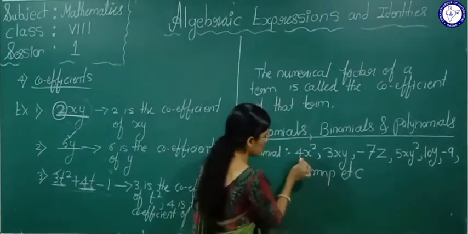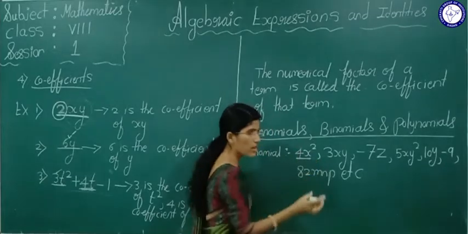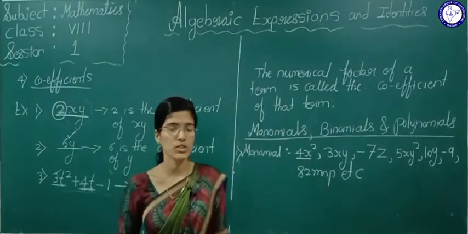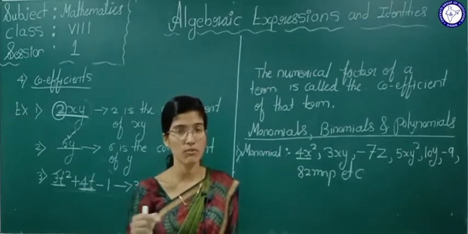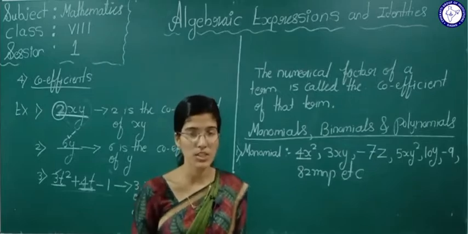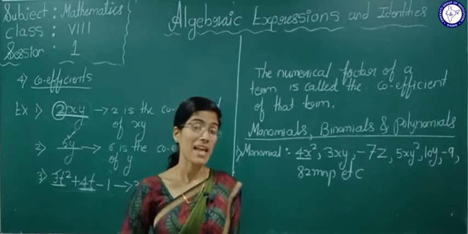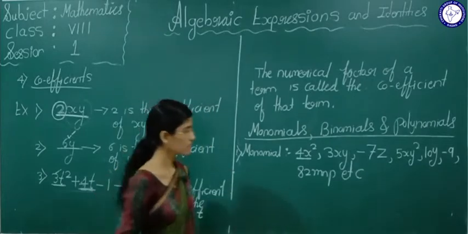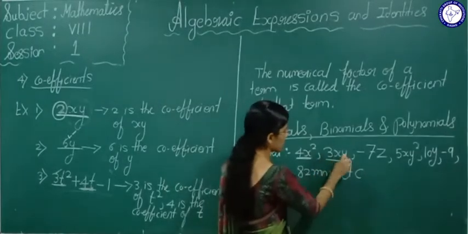See here, this is one algebraic expression, yes or no? Why are we going to call it an algebraic expression? Remember students, an algebraic expression is an expression involving constants, variables and mathematical operations. These three together give an algebraic expression. Here 4x square is an algebraic expression, 3xy.